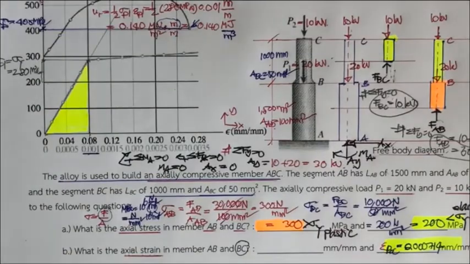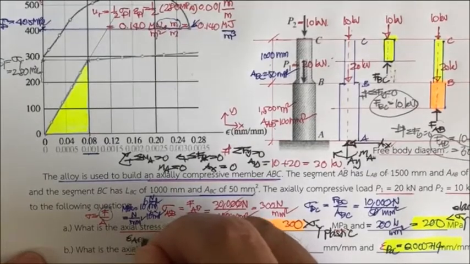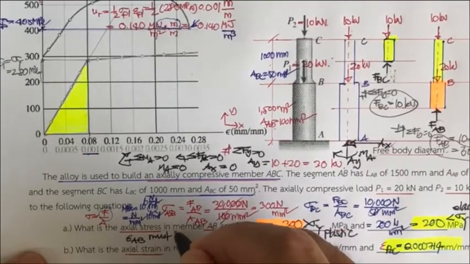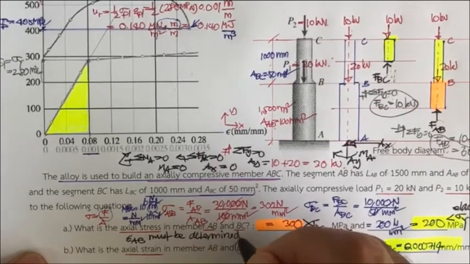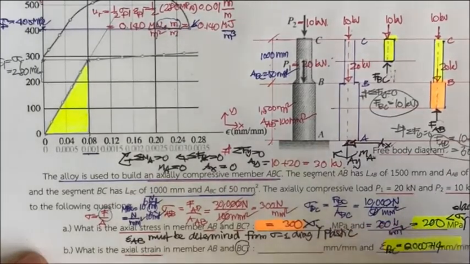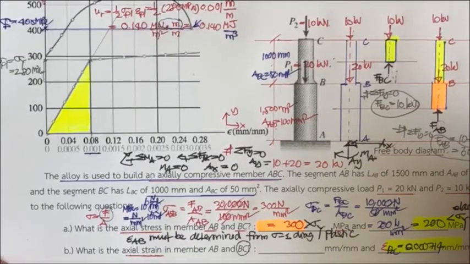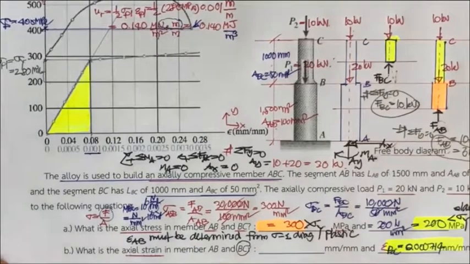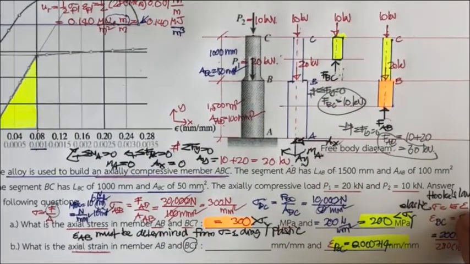If the behavior is plastic, epsilon sub AB must be determined from the stress-strain diagram. We cannot find it from Hooke's law. It must be determined from the graph.